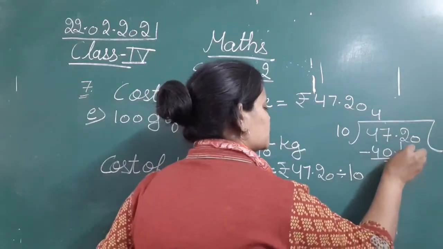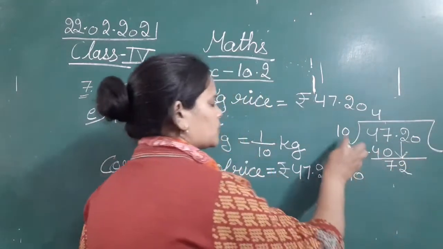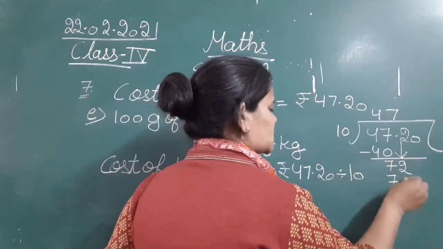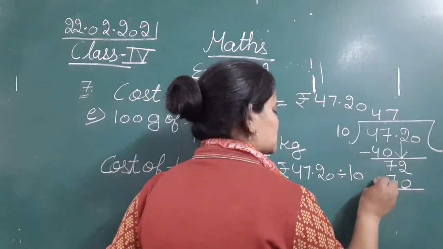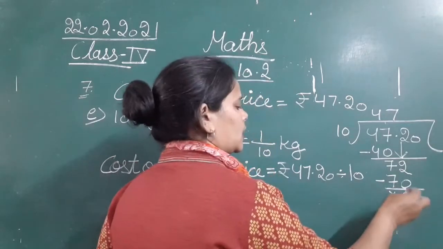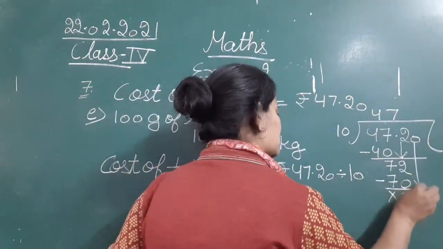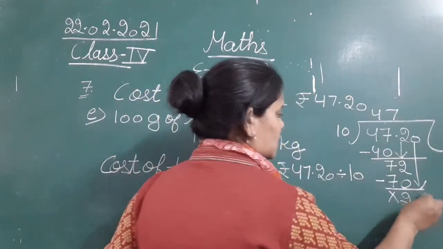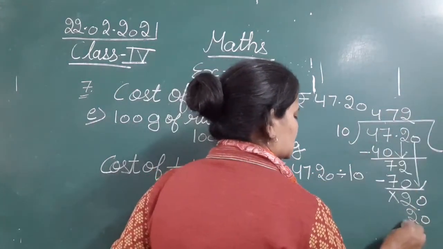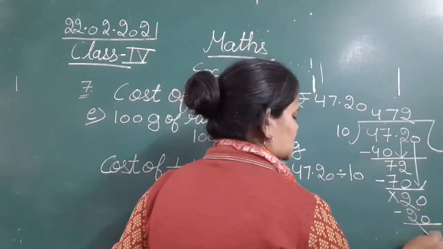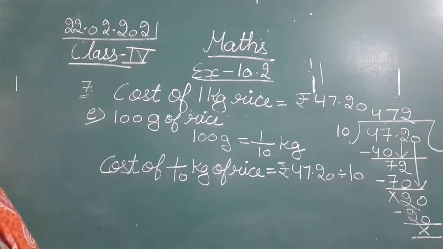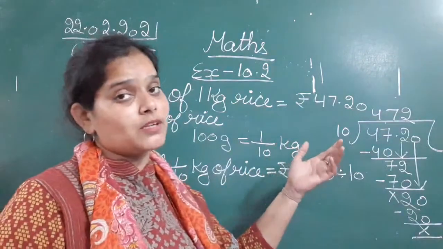Now bring down the 2, that is 72. 10 sevens are 70. 72 minus 70, that will be 2. Now the last digit we have here is 0, so 10 twos are 20. 20 minus 20, nothing will be left. So here we have got the answer, that is 472.